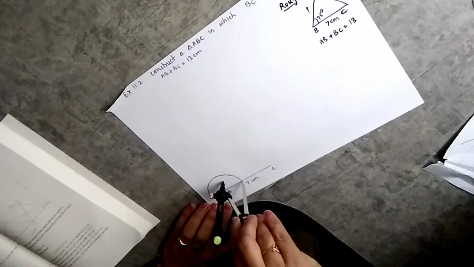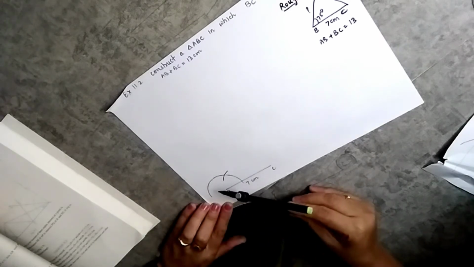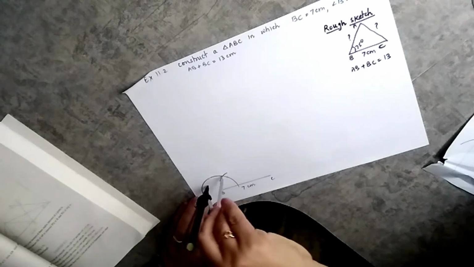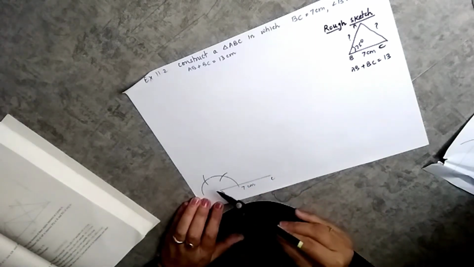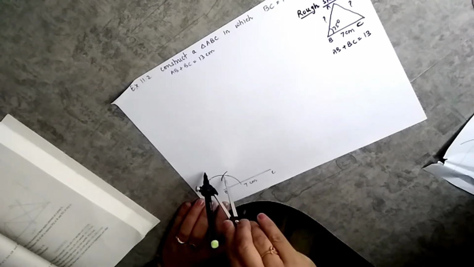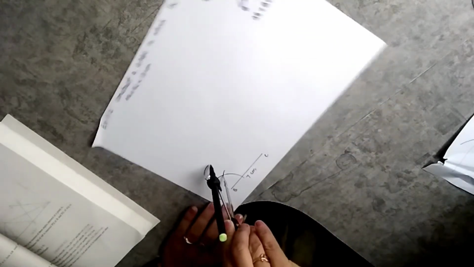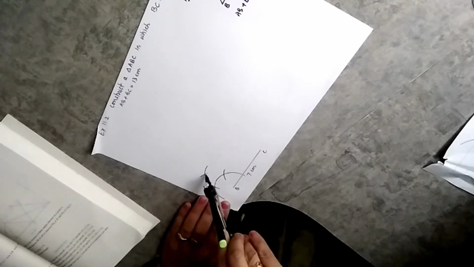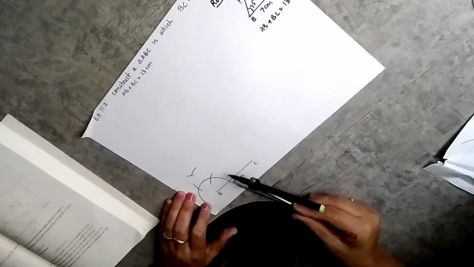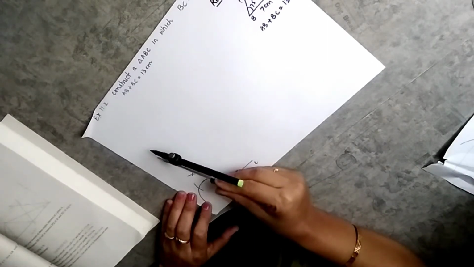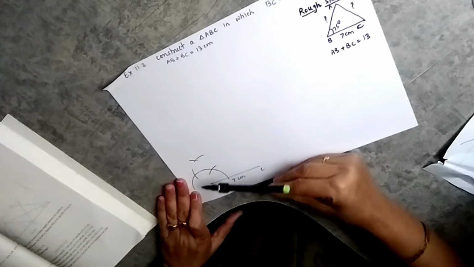Now with the intersection point on BC as center and radius without changing, we'll cut the arc and we'll cut the same arc one more time. Now we'll draw the angle bisector between both of them. This will give us an angle of 90 degree.